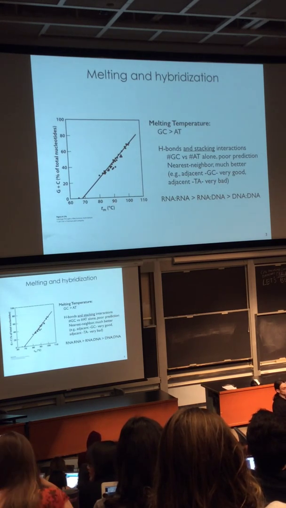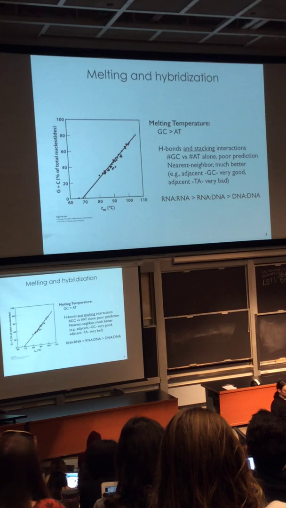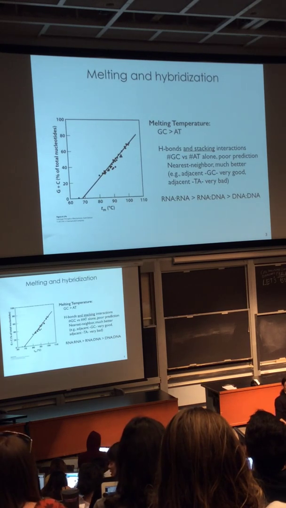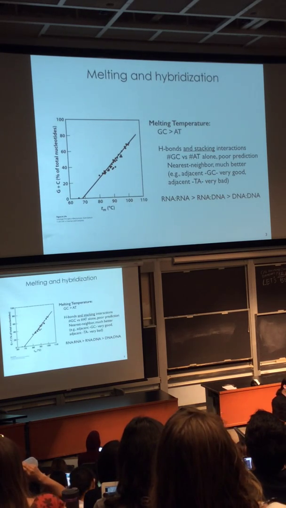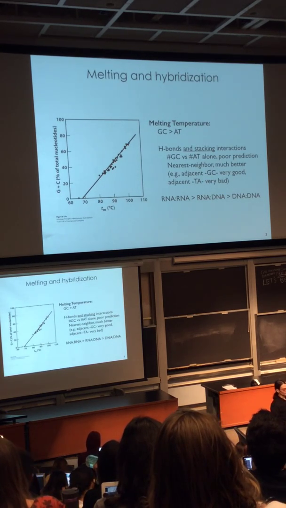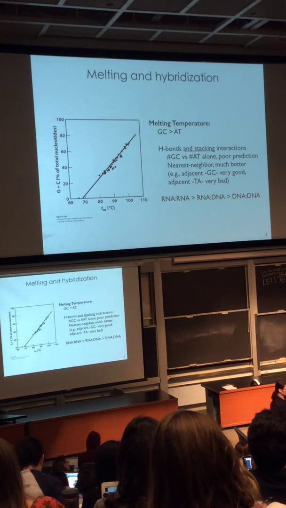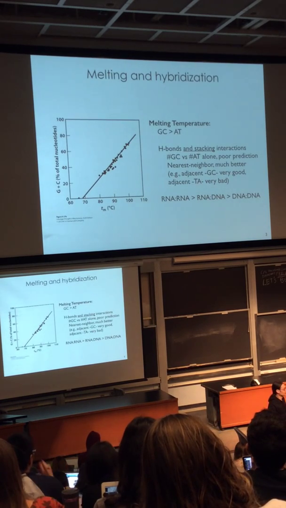So basically, regions of DNA that have more G's and C's have a higher melting temperature, so they form a more stable double helix than those with high AT content. And certainly one part of that is the fact that the GC base pair has 3 hydrogen bonds, whereas the AT base pair has 2.